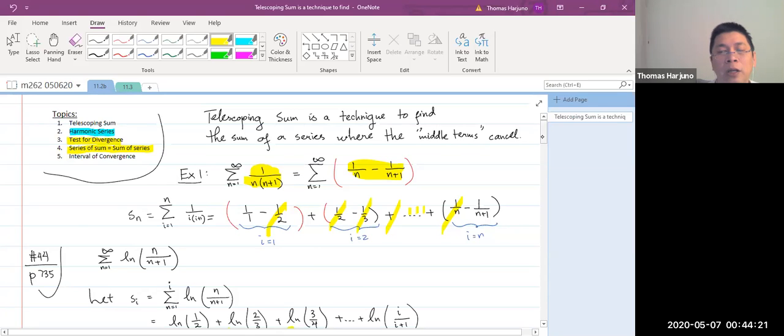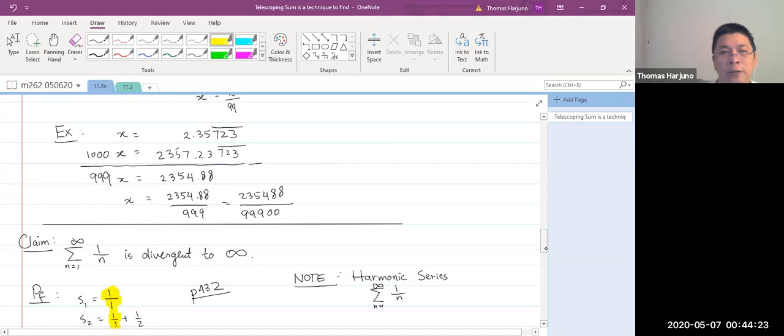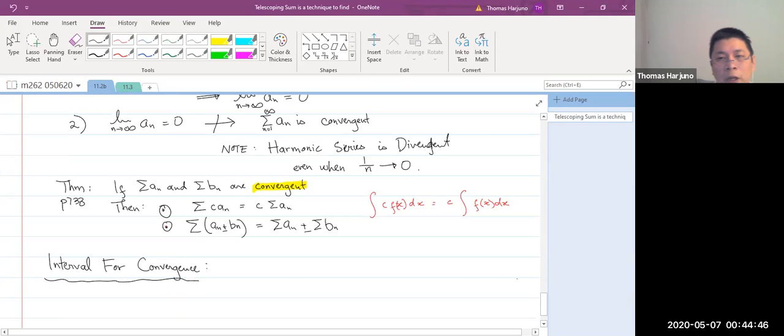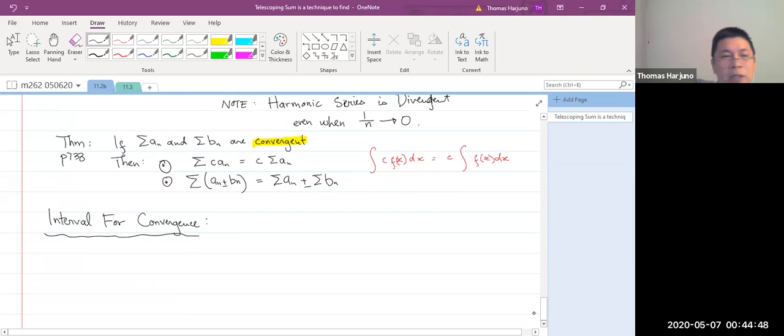Now, the last part is the interval of convergence. We will learn about interval of convergence a lot more in later sections, but right now we can already start working on that.